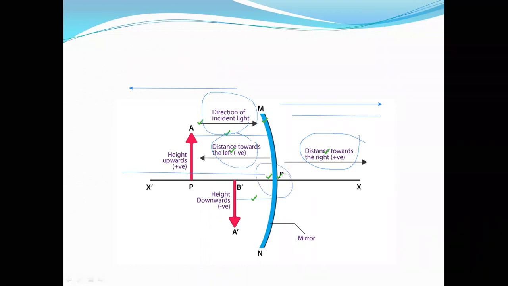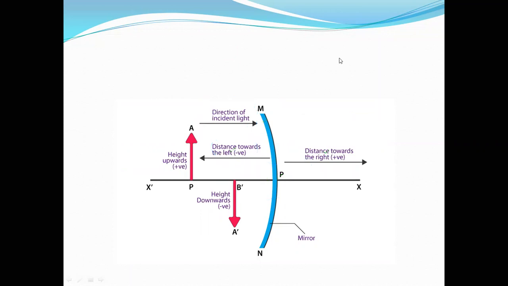This is the point from where we start, and from this point, if we move in this direction, measuring u, the object distance, and the image distance, everything is negative. These are the rules we need to follow when we do the numericals.